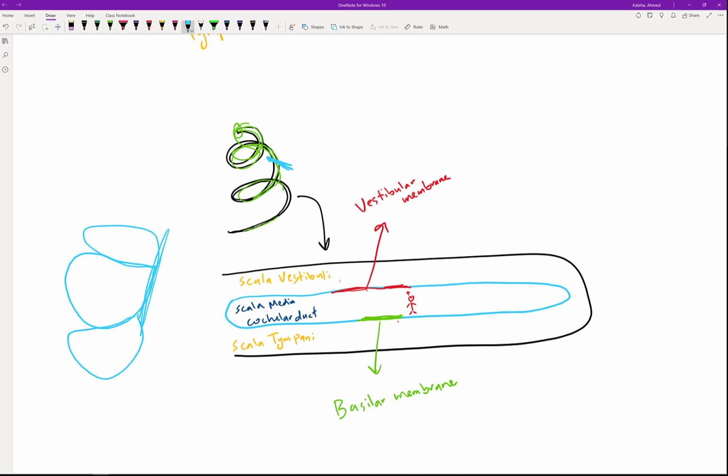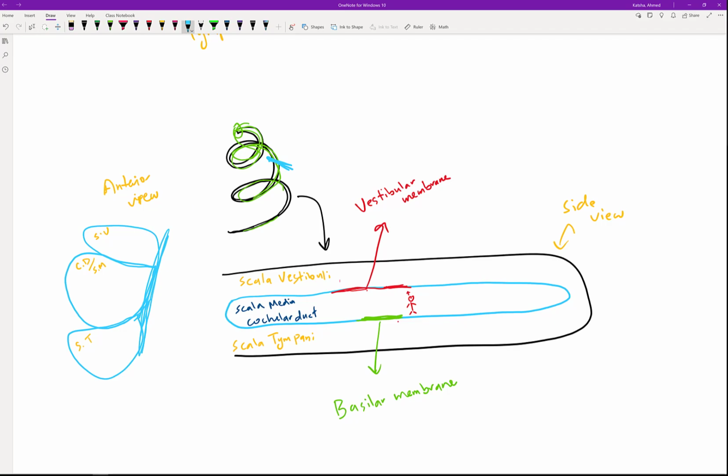So here, this one will be the scala vestibuli, this will be the scala tympani, and here is the cochlear duct, or the scala media. So they are sitting above each other. This here is a side view. If we stand and look, this is a direct view, or anterior view if you want. Okay, those are the 3 regions that are forming the cochlea.